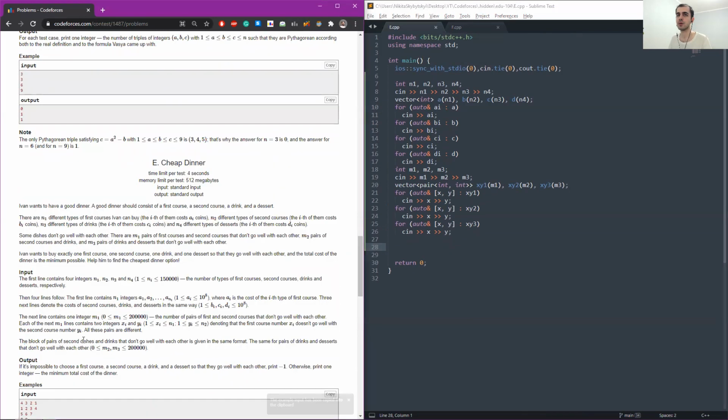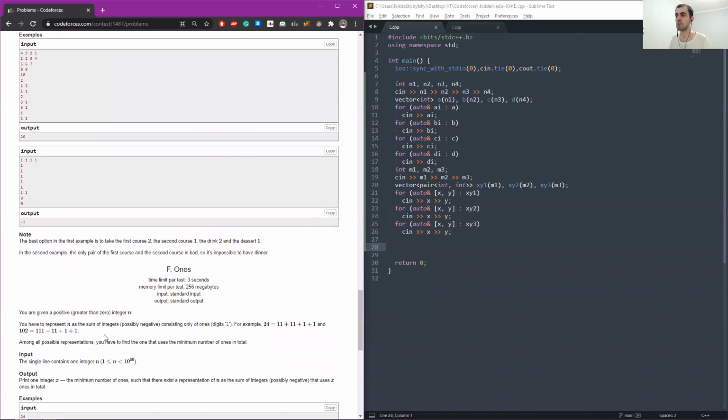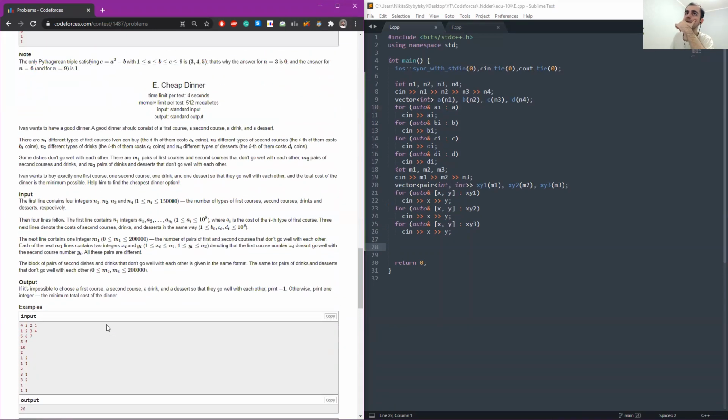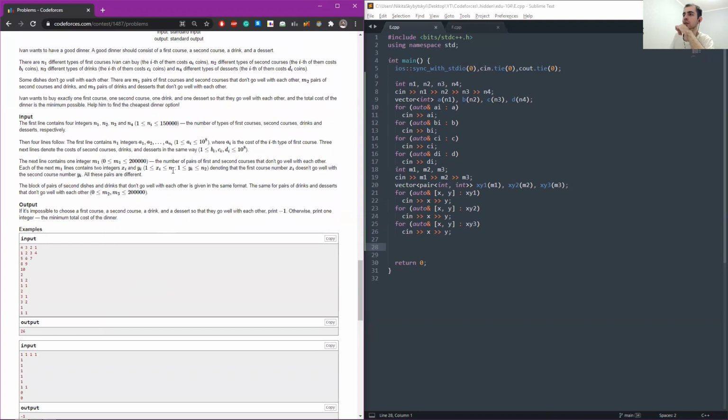If it's impossible, we have to output the message. Okay. I think it's actually possible no matter how many dishes you have. But I did not want to overcomplicate it even further, because it would be like two-dimensional vector factors.